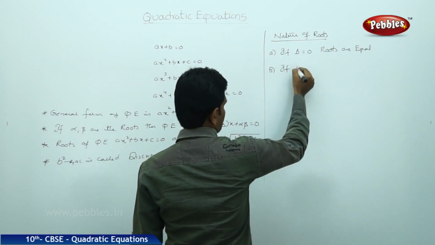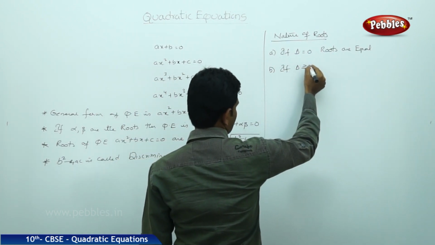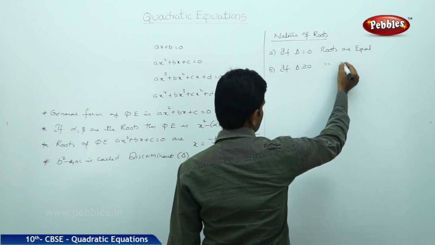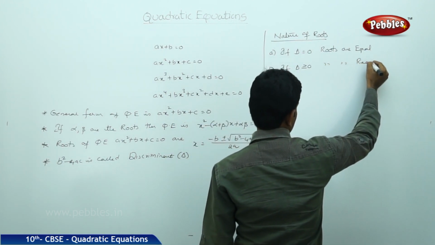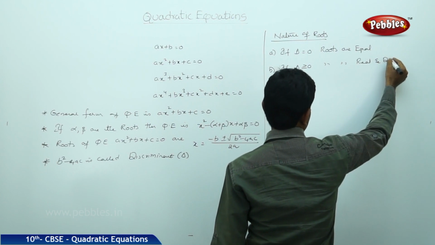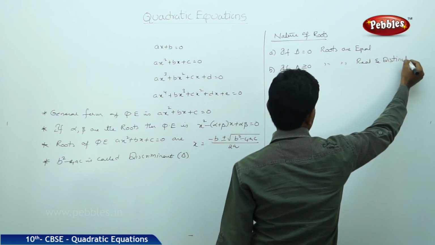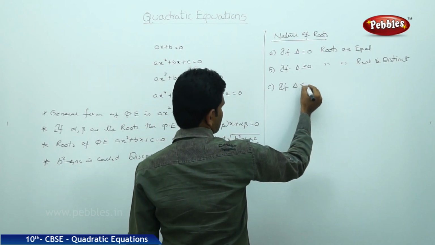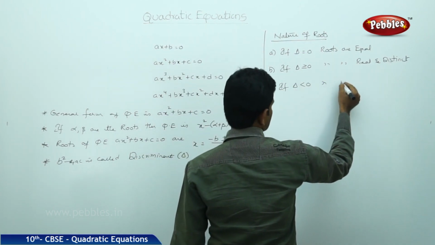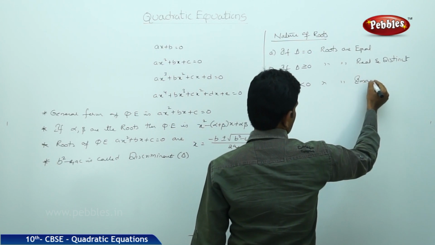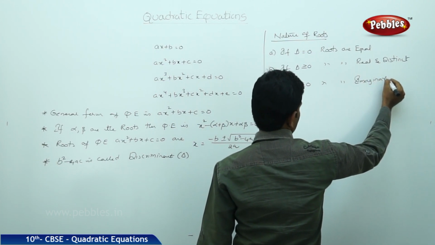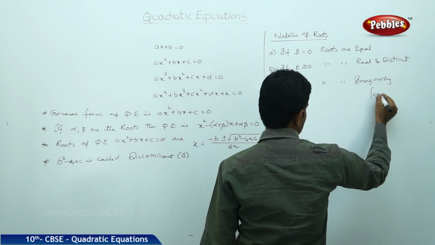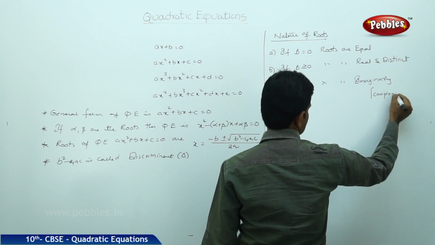Next, if delta is greater than 0, then roots are real and distinct. Next, if delta is less than 0, then the roots are imaginary, which is nothing but complex roots.